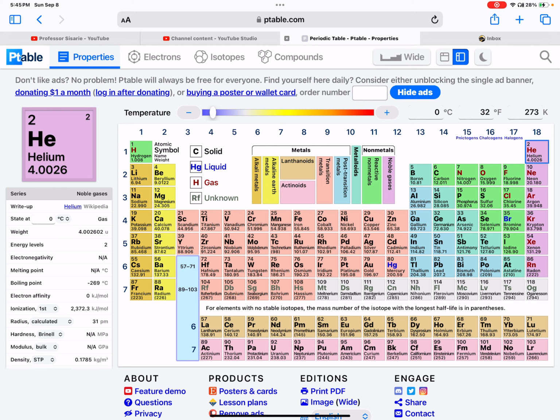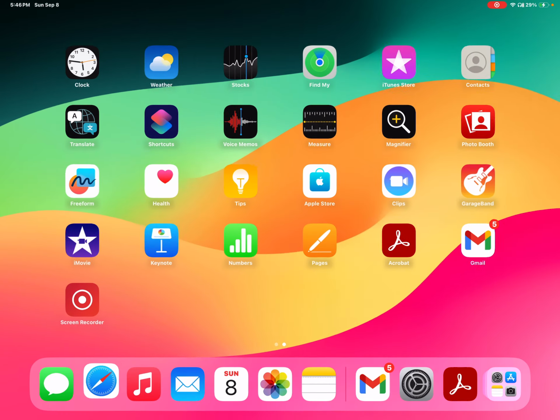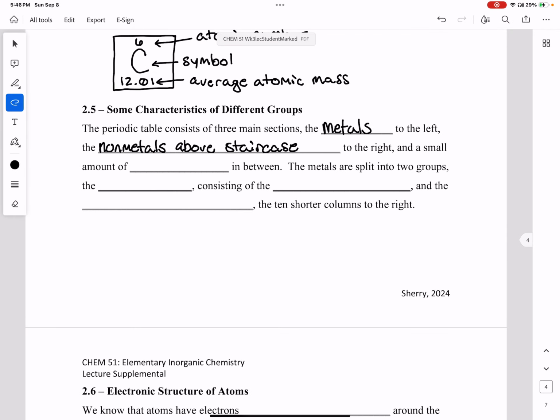But these purple ones, we don't really worry about them because they don't really react. But they are technically nonmetals. Everything on this side of this staircase of blue elements. Okay, and those blue elements that form the staircase, that small number of elements, are metalloids. They do weird stuff.